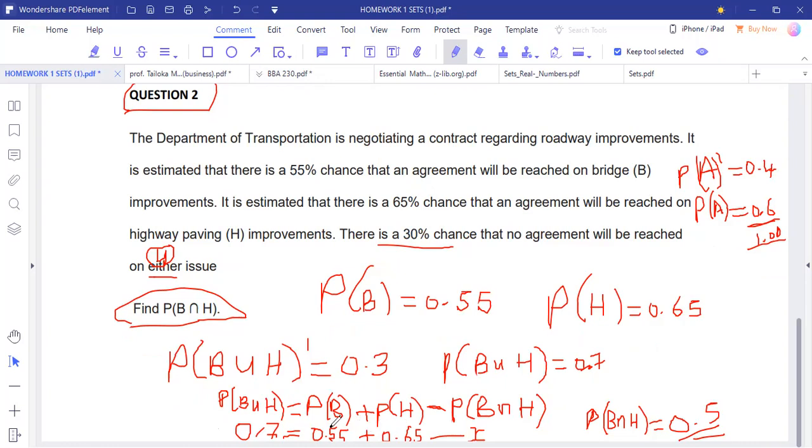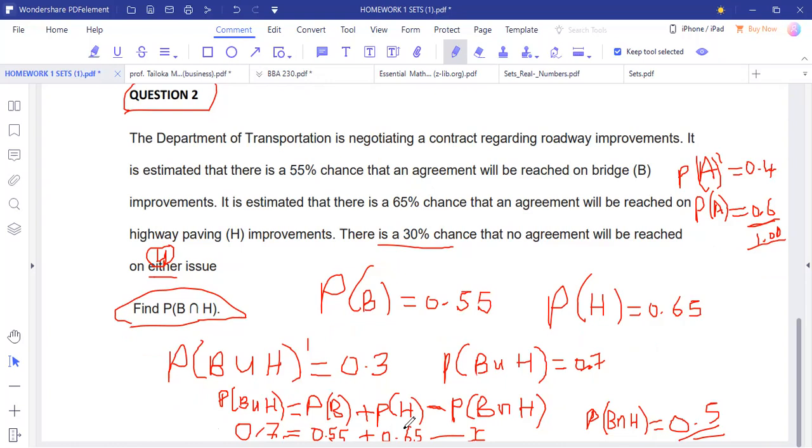So you can add the two. For 0.55 and 0.65, what answer are we getting?